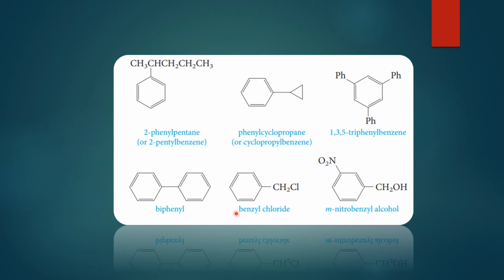Biphenyl, and benzyl chloride, with the C6H5CH2 benzyl radical and chloride. Metanitrobenzyl alcohol: the compound type is alcohol, the functional group is OH, and the positional nitro group is meta, so metanitrobenzyl alcohol.